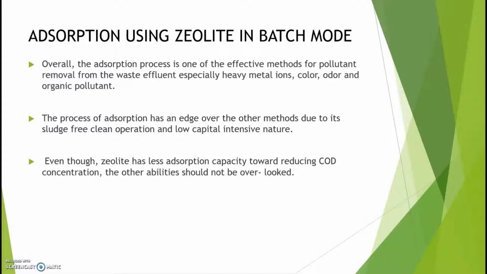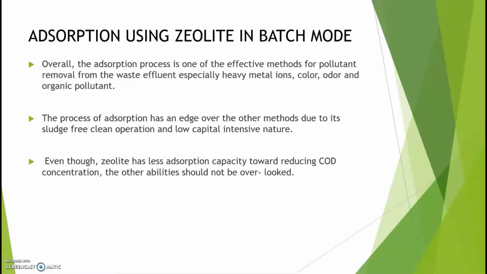Overall, the absorption process is one of the effective methods for pollutant removal from waste effluent, especially heavy metal ions, which include ferrum, mangan, and zinc. It also removes color, odor, and organic pollutants, which we call undesired products.